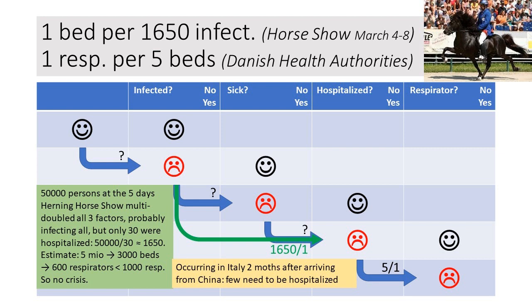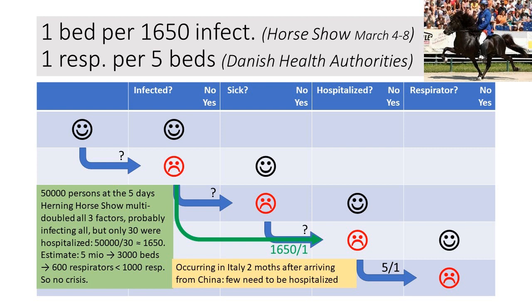Danish authority data shows that in average, 5 beds need 1 respirator. In total this means that 5 million infected need 3,000 beds with 600 respirators, which is below the capacity of 1,000 respirators.